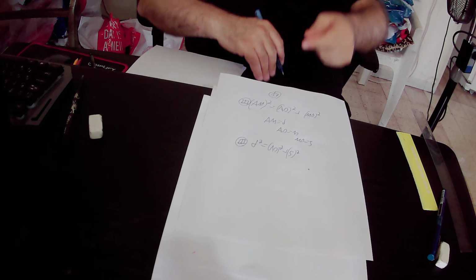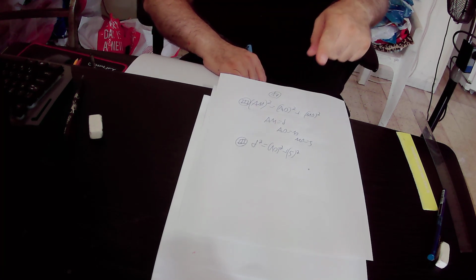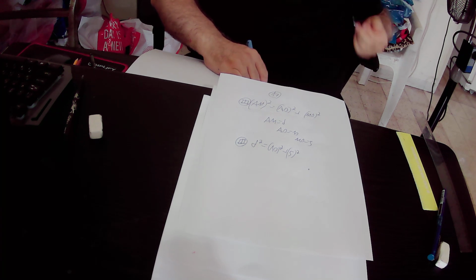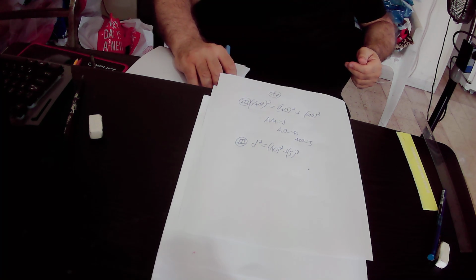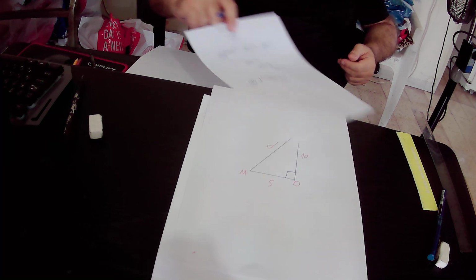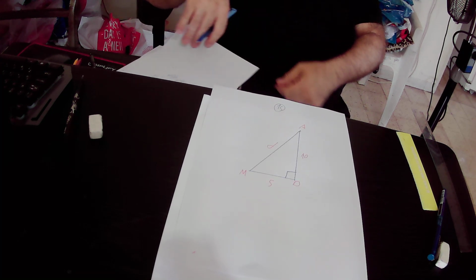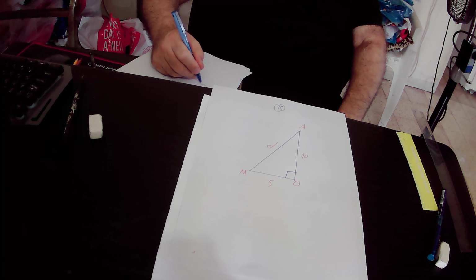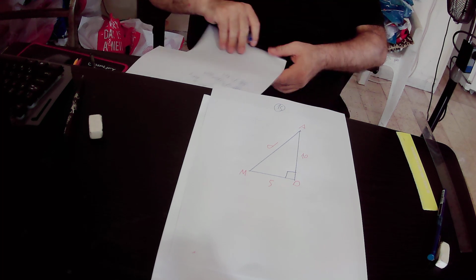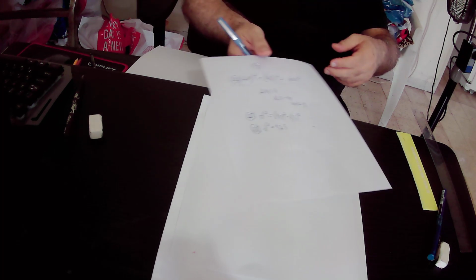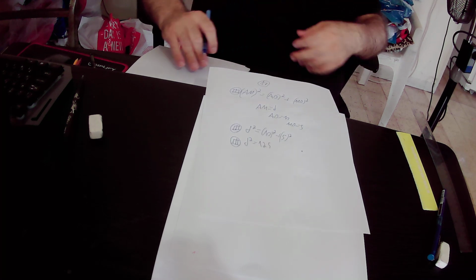So we got that d squared equals 10 squared plus 5 squared. 10 squared is 100, 5 squared is 25, 100 plus 25 equals 125, so I write it down. So we got that d squared equals 125.